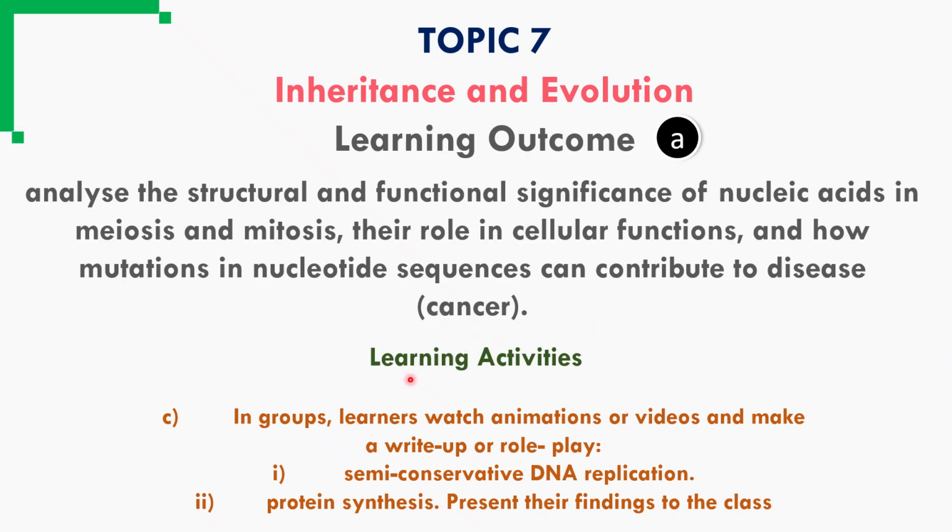We have been looking at learning activity C, where a group of learners watch animation and video and make a write-up or a role play. We have been mainly looking at semi-conservative DNA replication and protein synthesis, and you're supposed to present your findings to the class.